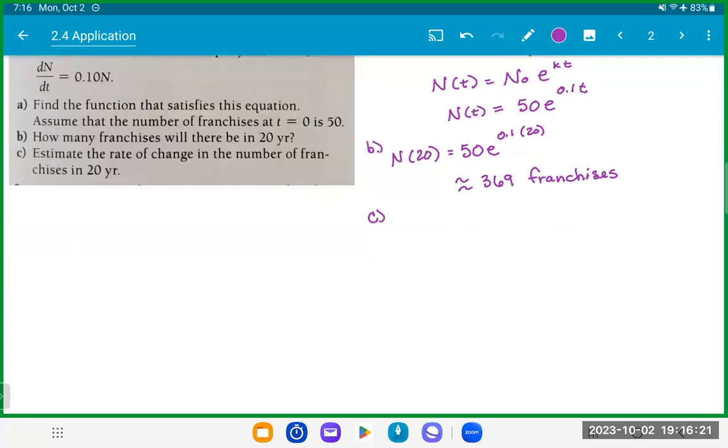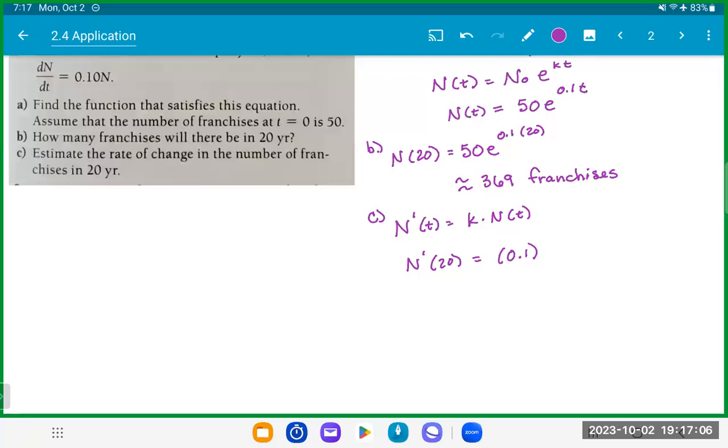So the next part wants to know what the rate of change is in the number of franchises in the next 20 years. So we take the derivative, which our theorem 9 tells us is k times N of t, right? And so we do know that we're looking for the derivative in 20 years. We also know that our k is a value of 0.1, and our N of 20 years, we calculated up above, right?